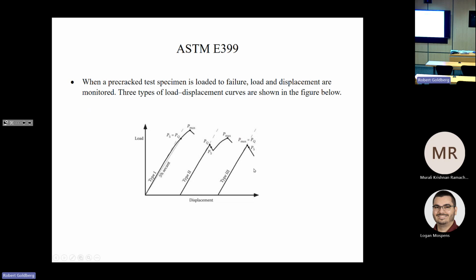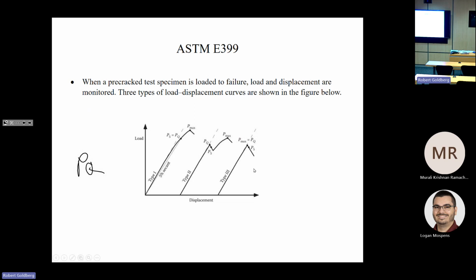and there's 3 types of load displacement curves that are shown here. Now, this PQ is your critical load that you use to determine your stress intensity factor. And it's defined in one of several ways, depending on the type of curve.